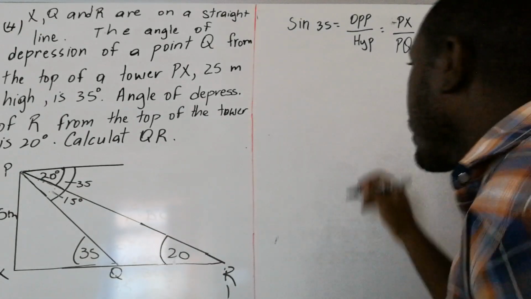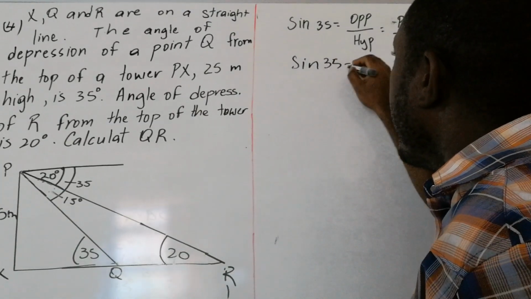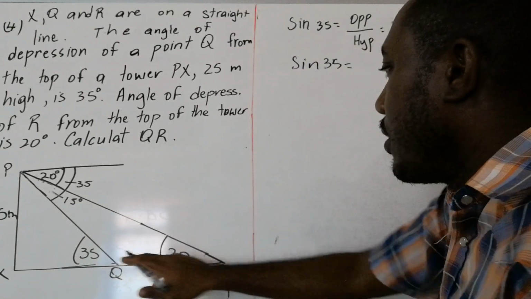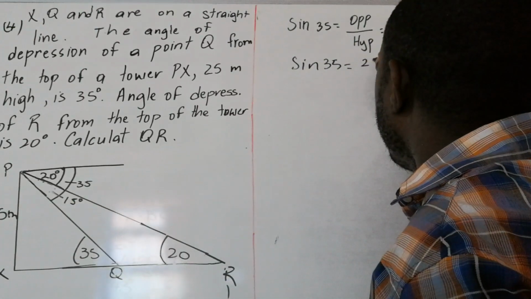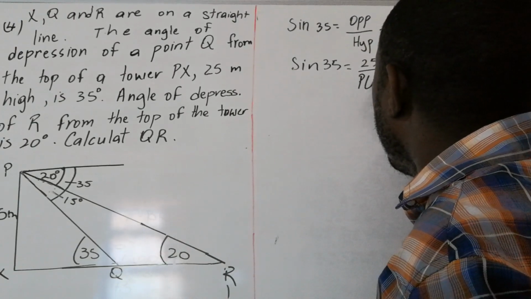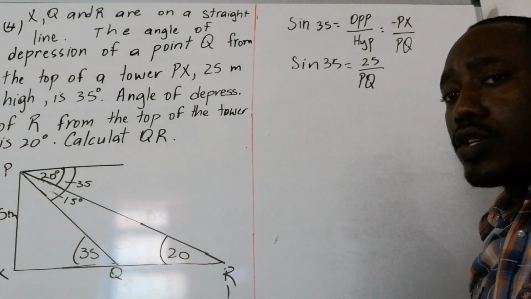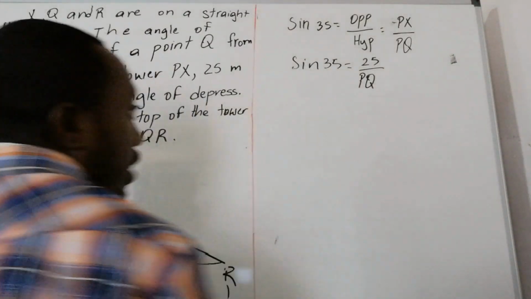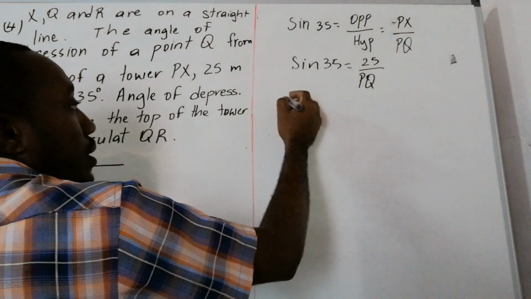Right? So sine 35 is equal to the opposite, which is PX, which is 25, over PQ, that is what we need. And then we transpose to make PQ the subject of the formula.